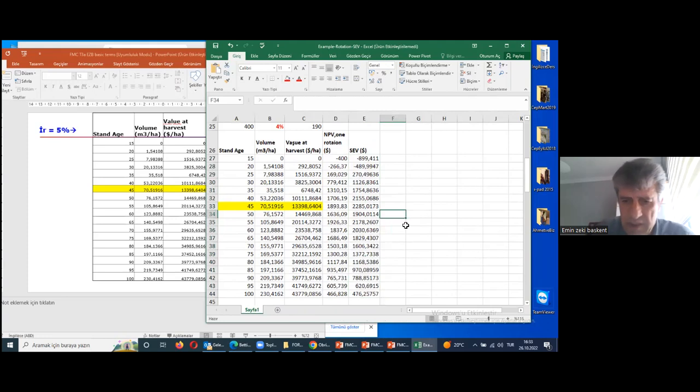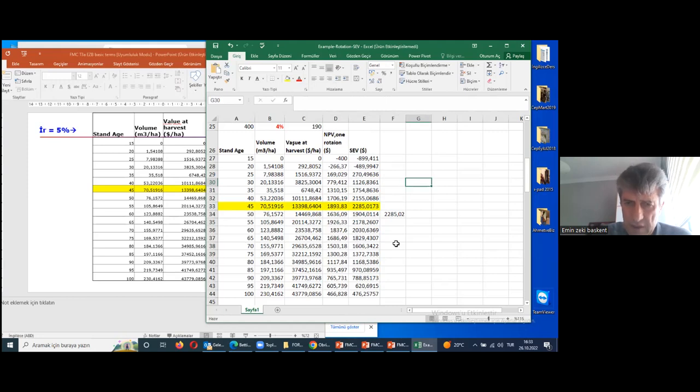Mark 2285, which is this one, right? So still 45 years. Given the change of discount rate from 5% to 4%, the age of 45 is still the optimal rotation age.